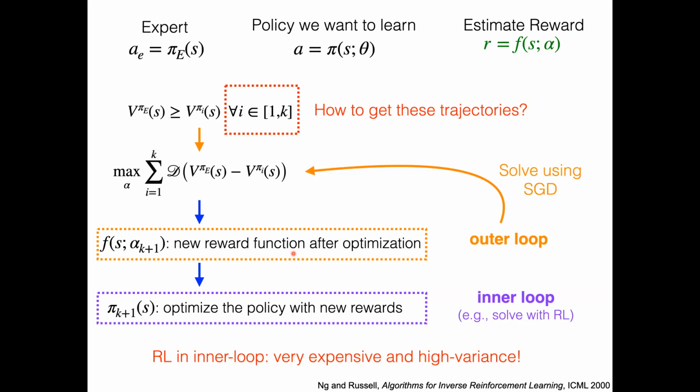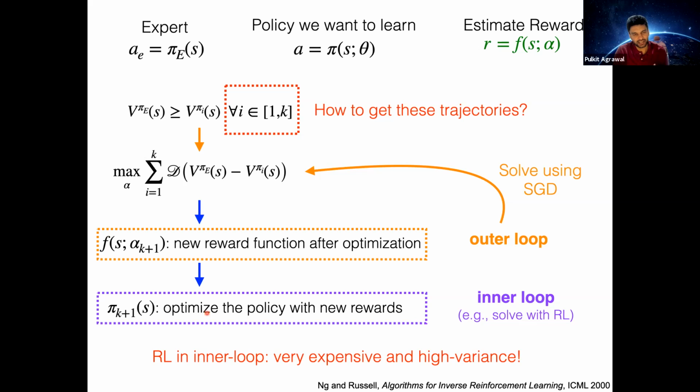But the question you might have is, well, you said the expert should be better than other policies. But how do I get these other policies? If I just take random policies, maybe those policies are so bad that the reward function is not very meaningful, right? So could we try to improve the set of other policies? The way to do this is you take this reward function and then you find the policy which maximizes this new reward function.